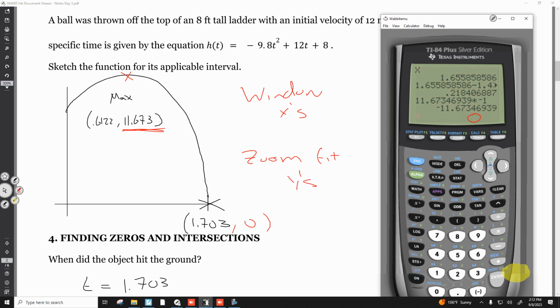My x's are the 1.703 minus the 0.6122. So this is the top of my fraction, my y2 minus my y1. And then in my x2 minus x1, I need 1.703. I didn't save it, but I could have.